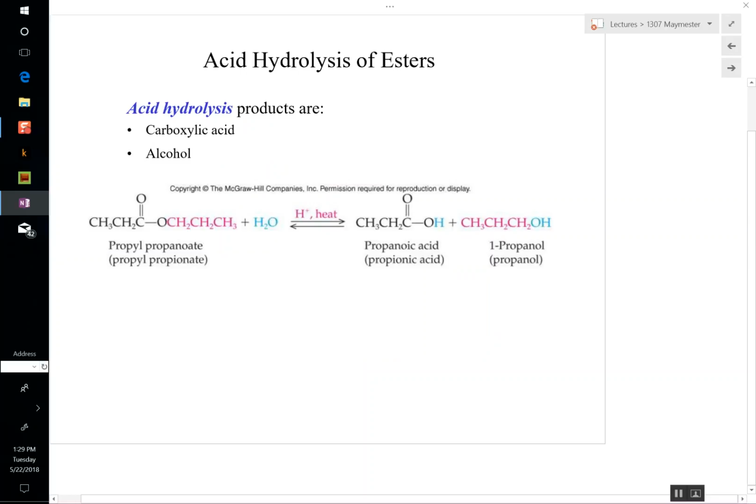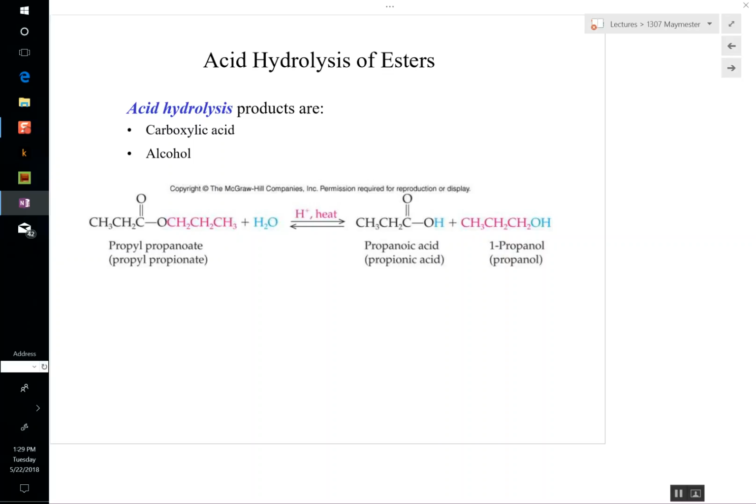All right, and here is an example. We've got propyl propanoate. We're starting with an ester. We're going to react this ester with water. All this is saying is it's in an acidic environment, and maybe warm it up a little bit with a little acid present, like sulfuric acid.